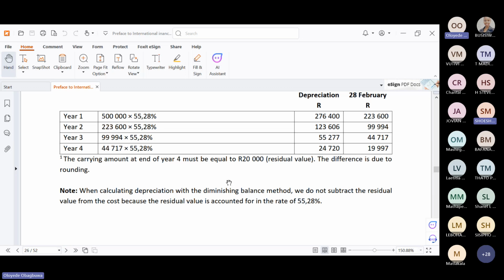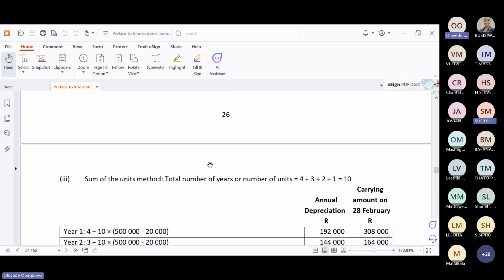For the straight line method, if they didn't mention a residual value, it will be cost minus 0, because there's no residual value, then divided by the useful life. You get it? So it's not that every question will have a residual value. If they tell you there's no residual value but you must use the straight line method, you still divide the cost by 4. Oh, okay. All right. I get it. I hear you.